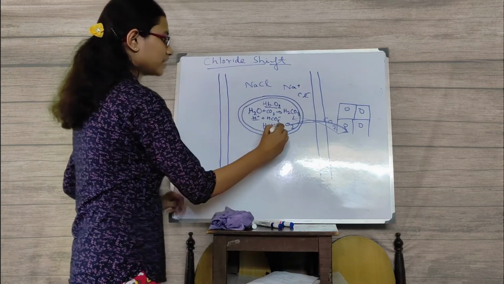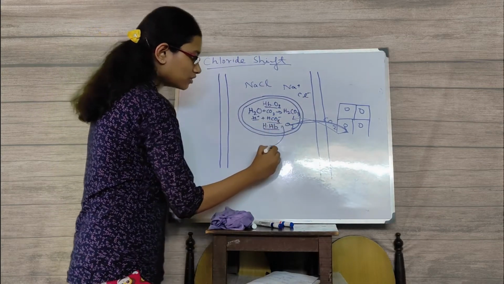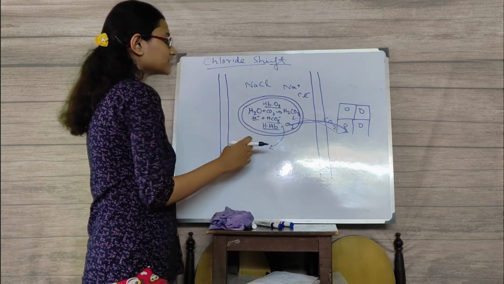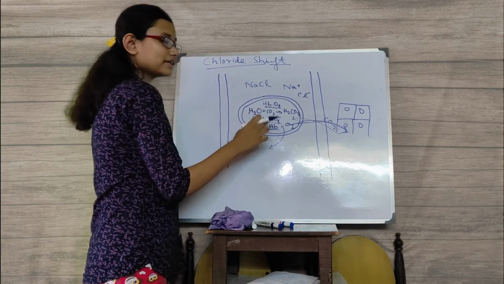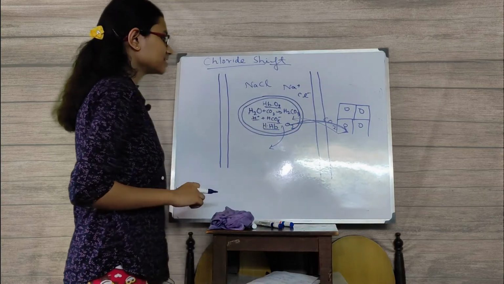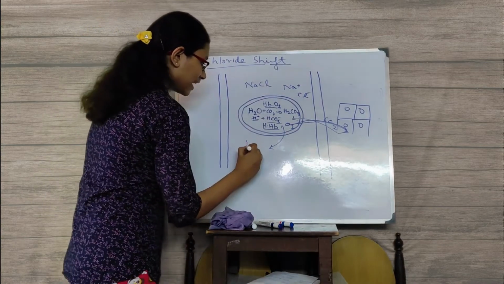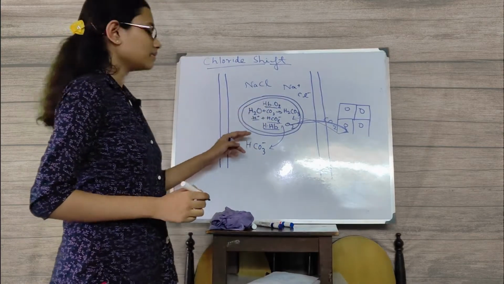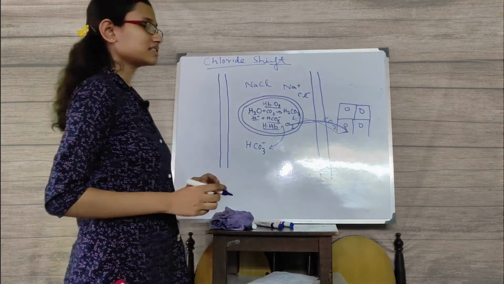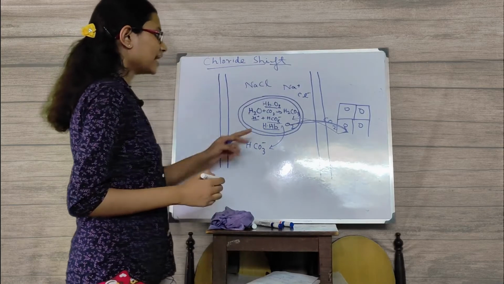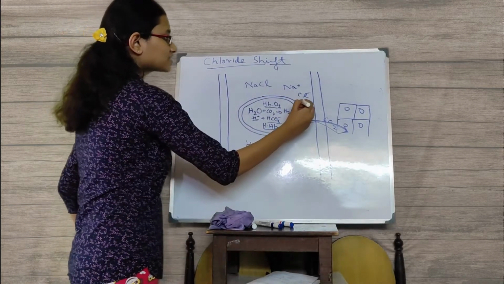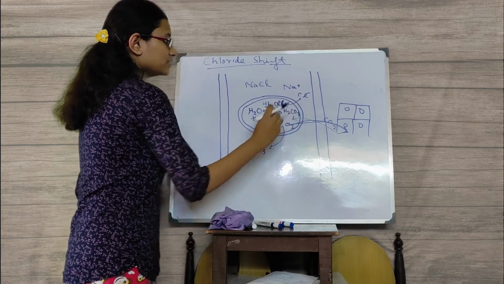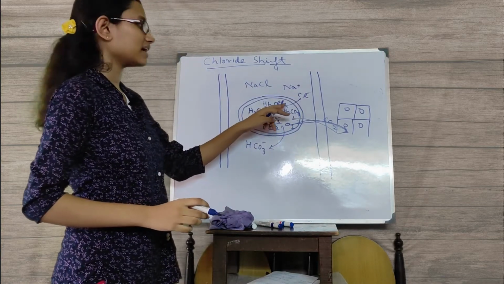When the bicarbonate ion comes out of this red blood cell, another phenomenon occurs, which is known as electrostatic imbalance. As the bicarbonate ion comes out, there will be electrostatic imbalance in this position, hence there will be a rapid influx of chloride ion into the cell.